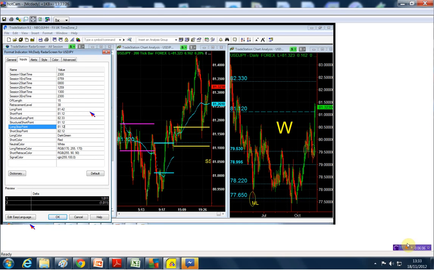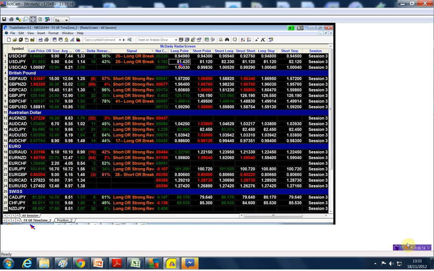So for the dollar yen, here is the plan. We're going to buy above 81.42. If I do, I have a structure long point at 82.33, and my stop is going to be the 81.12. So I'm risking about 30 pips on that trade.